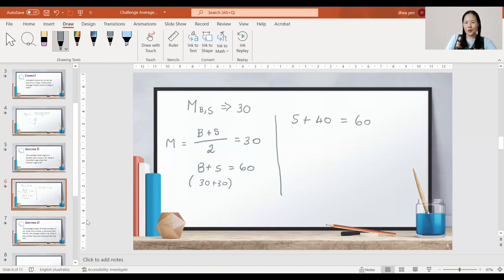So now we know how old the sister will be. The sister will be 60 take away 40, which is 20. When we check the answer, 20 plus 40 is 60, and the average of 60 of those 2 people is 30. So sister's age is 20.